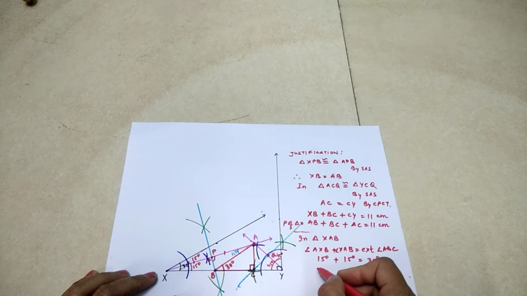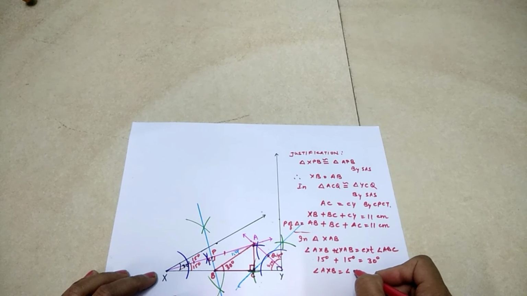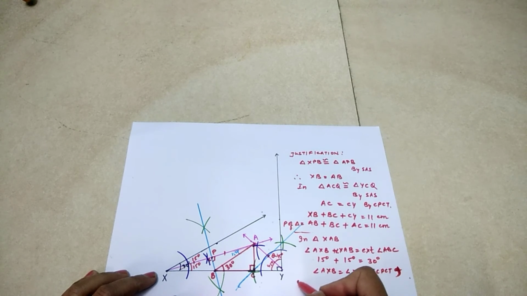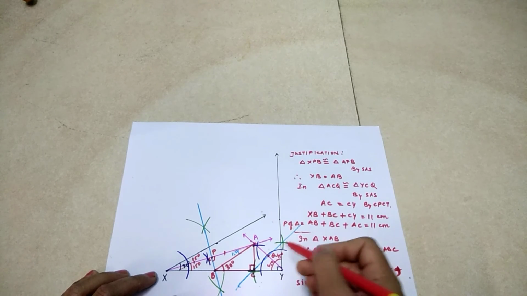Angle AXB and angle XAB are equal and each measures 15 degrees, so exterior angle ABC will be 30 degrees. Angle AXB and angle XAB are equal by corresponding parts of congruent triangles because triangle PXB is congruent to triangle PAB.